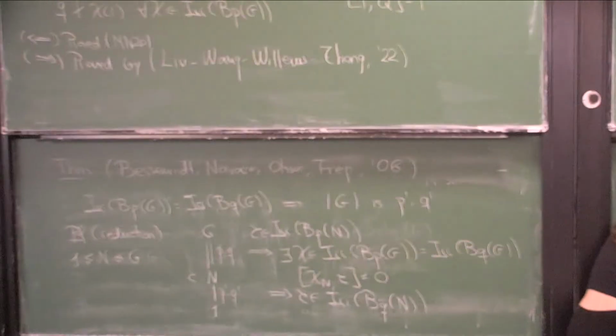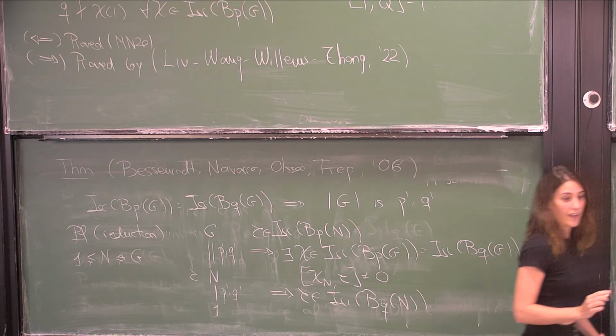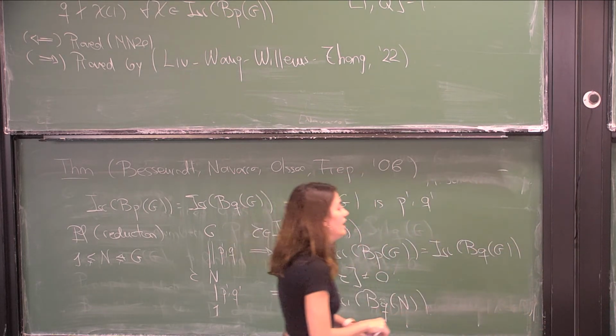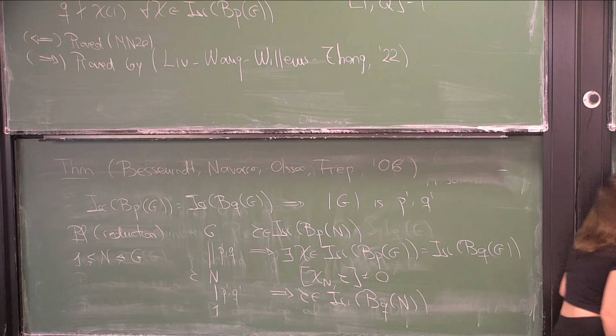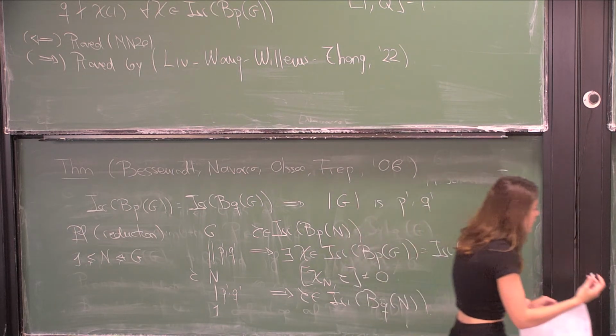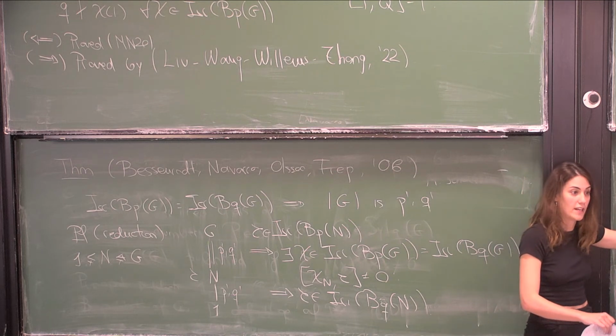So this situation is, as we said, where the principal P block and the principal Q block intersect with just the trivial character. And they proved a characterization of the nilpotency of the group in terms of trivial intersection.